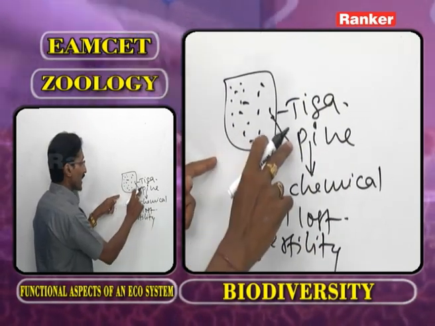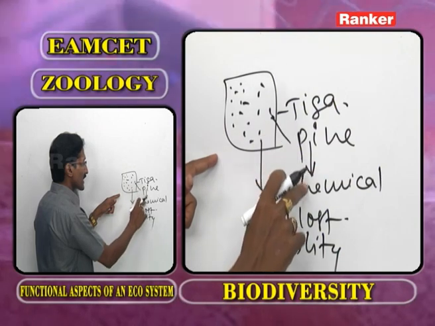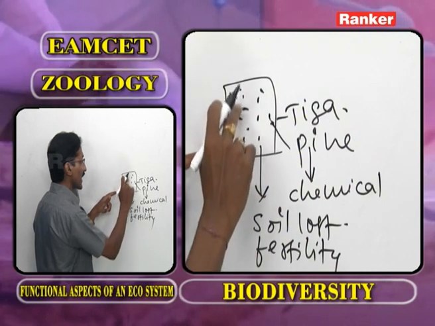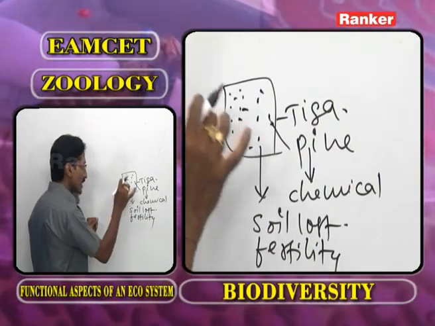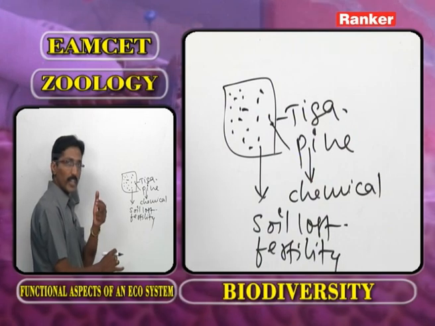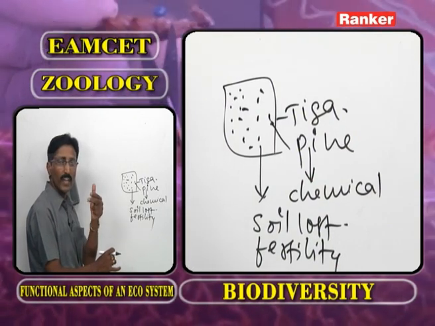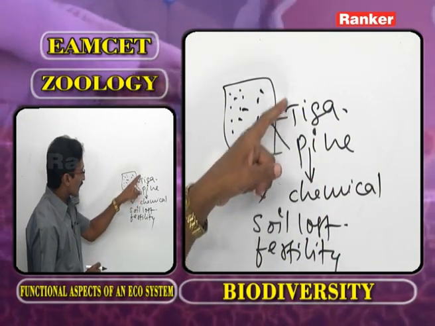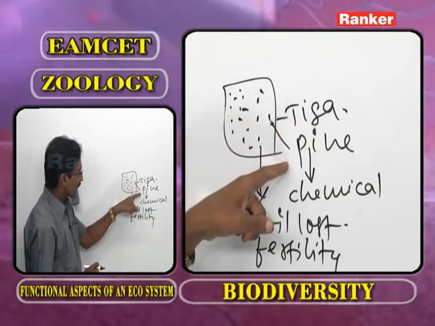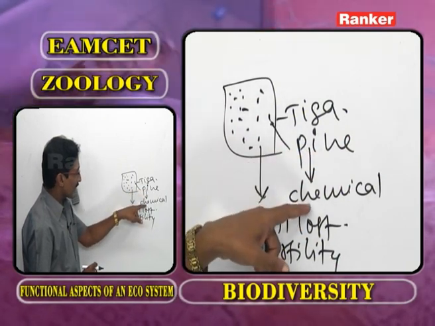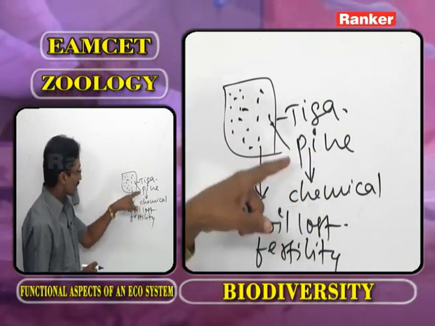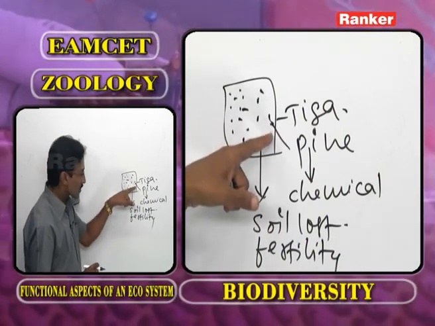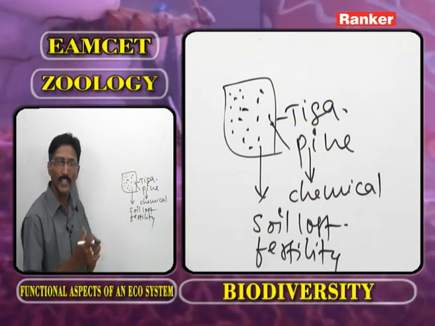Because of the chemicals in this area, the soil is polluted. In this polluted area, there is no chance for the growth of another vegetation. Here, the place that is taiga, what is predominant? The pine plants. They secrete a poisonous chemical. Because of it, the soil is polluted, and in this soil, there is no chance for the growth of grass plants.